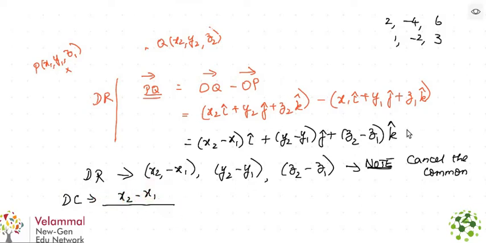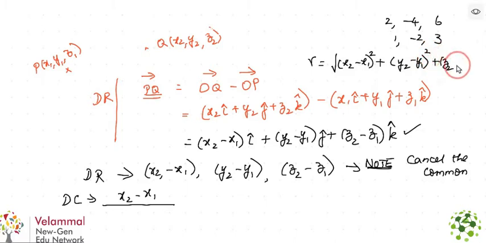Same way, if I ask you direction cosines, you know it is x2 minus x1 divided by, I need to find the unit vector along this. So that means I need to divide by the modulus. So what is the modulus? If I represent the modulus by the letter small r, it is nothing but the square root of (x2 minus x1) the whole square plus (y2 minus y1) the whole square plus (z2 minus z1) the whole square.